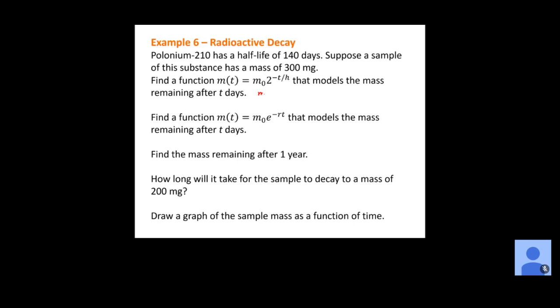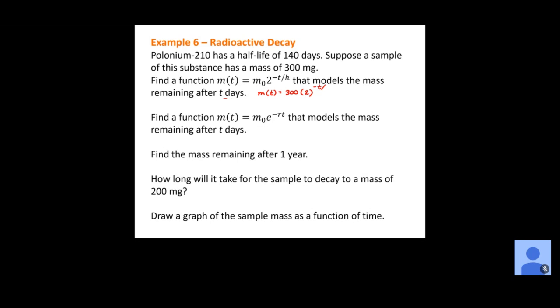So for this first one here, we're going to start with m of t. We know our initial mass this time is 300 milligrams. So we're going to start with that. Our base needs to be 2. And again, because it's a half-life, it's decaying. Now we're going to have a negative instead of a positive in our exponent. So it's going to be negative t divided by, and then we need our half-life.